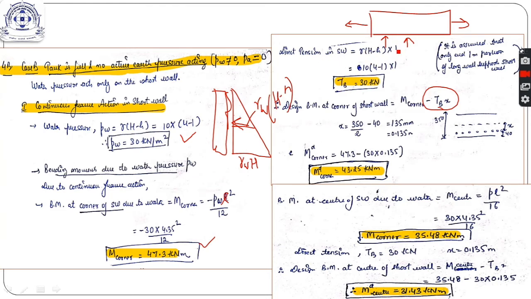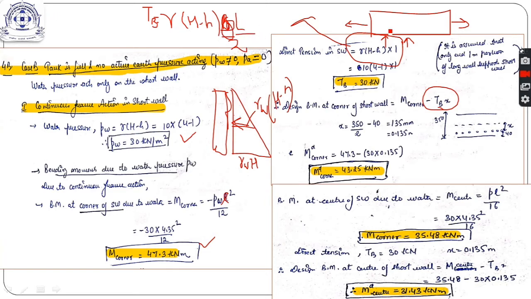Now note here a very important thing. Previously, whenever we were calculating T, we were writing gamma w into H minus h into B by 2, or if we were calculating the tension in the short wall, here it will be L by 2. You can check it in the previous lectures.